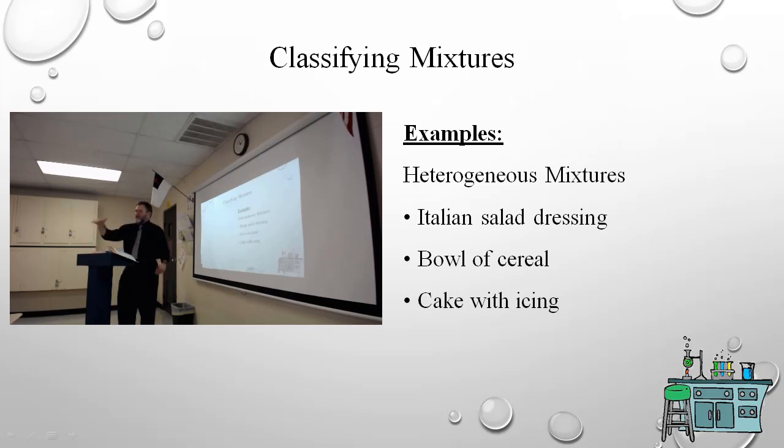If you leave it there, it makes different strata. It has different layers. And you shake it up because you're attempting to homogenize it because you want a nice even blend. But the truth of the matter is, left to its own, it's going to separate out. And that separating out shows us very clearly that it is a heterogeneous mixture. It is naturally not even everywhere. Or maybe a bowl of cereal.